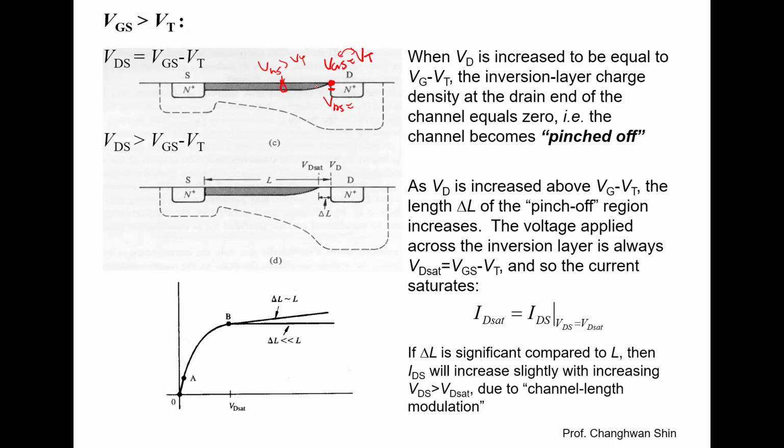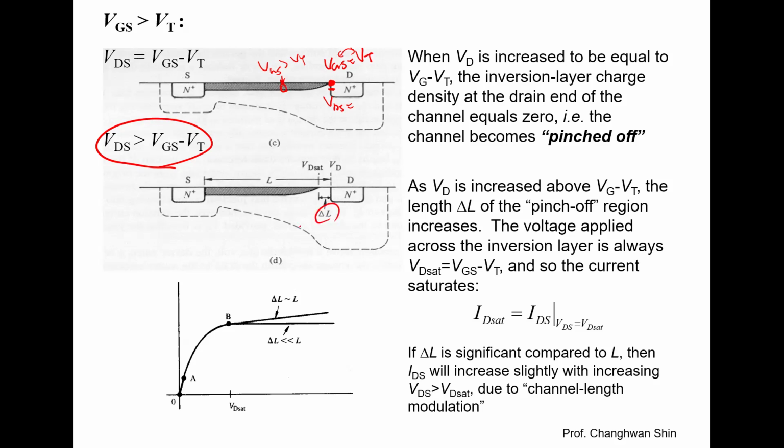So this pinch off condition marks the boundary between the linear region and the saturation region of MOSFET operation. Once the drain voltage VD exceeds VG minus VT, as described here, the pinch off point begins to move away from the drain toward the source, creating a depletion region of length delta L here.